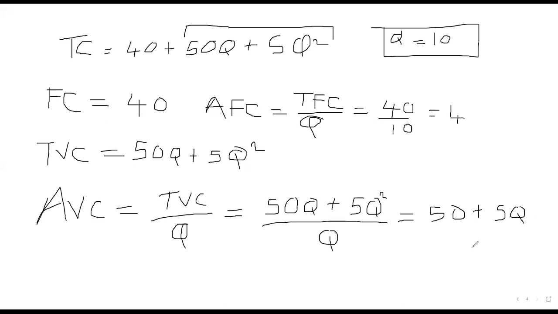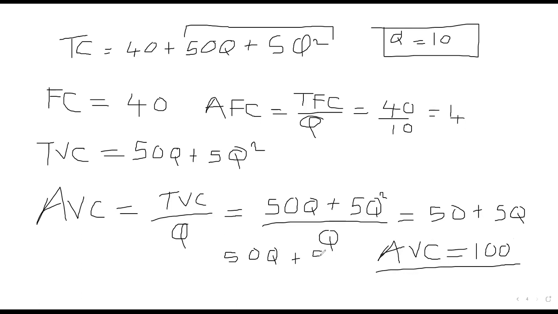So when we put our 10 there, our average variable cost will be what? 100. Where has the square gone? When you cancel the Q down there and the other Q is equal to 1, 2 remains. I thought we were cancelling the other Q with the other one. Okay, so like I said, mathematical errors.